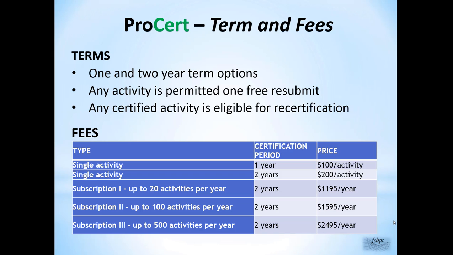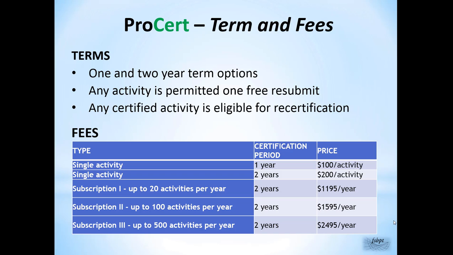So we offer both 1 and 2 year terms for the activity to be certified. With every submission, if it fails on the first submission, the vendor is allowed to edit it and resubmit it and not incur a fee or an expense in the process. So a free redo is one of our most valuable program features.